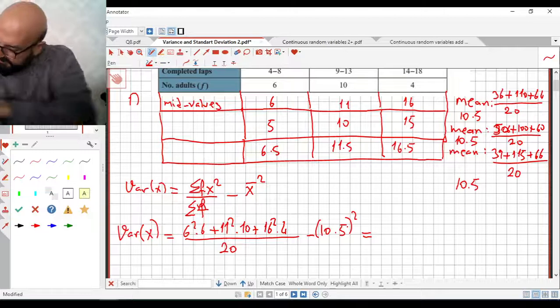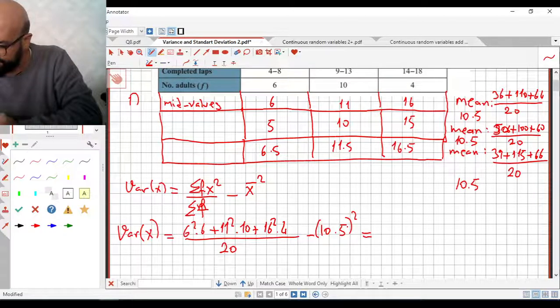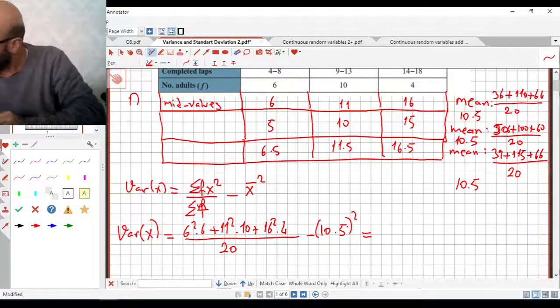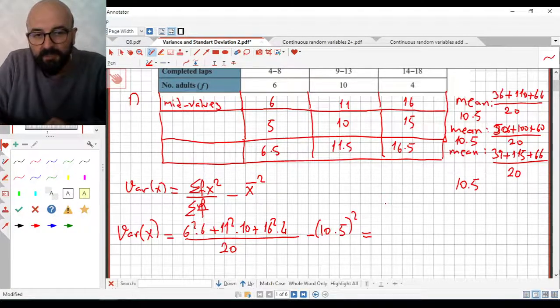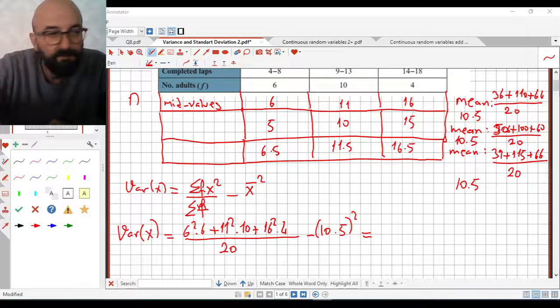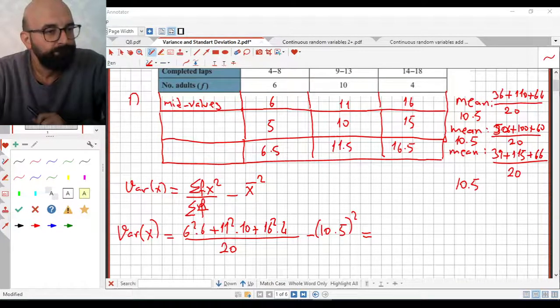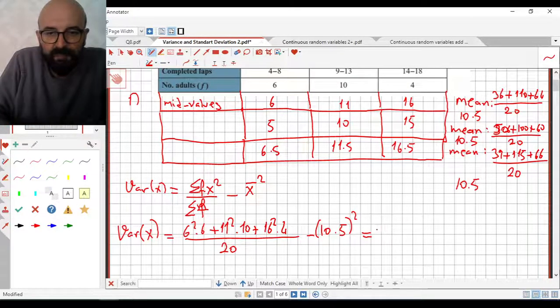Our variance value should be 3.5 multiply 3.5 square, 12.25.